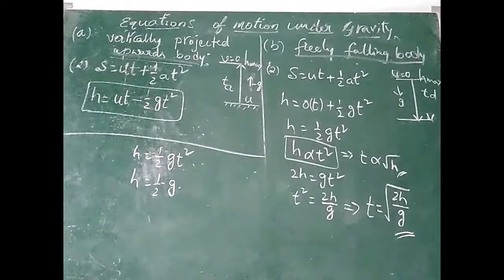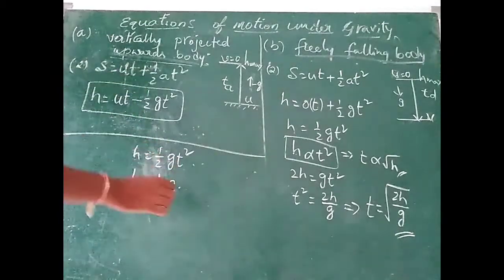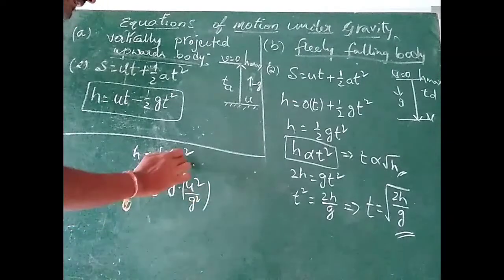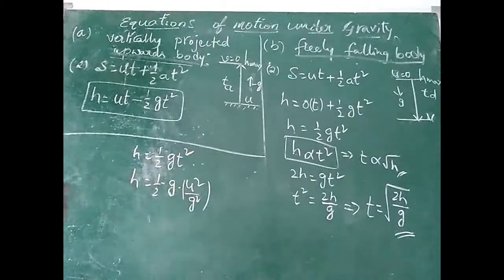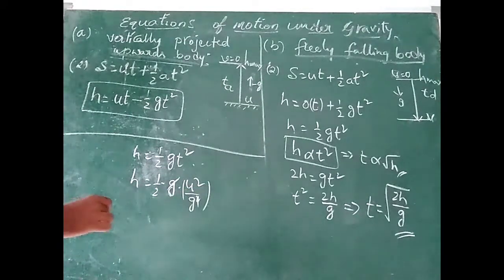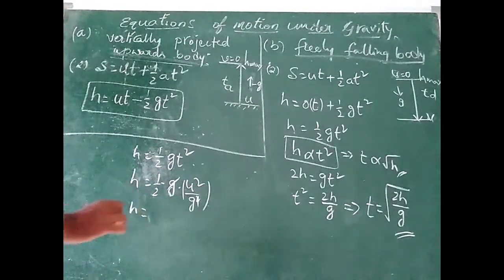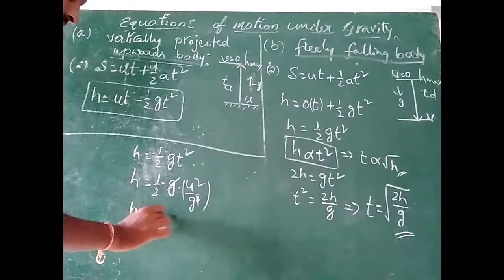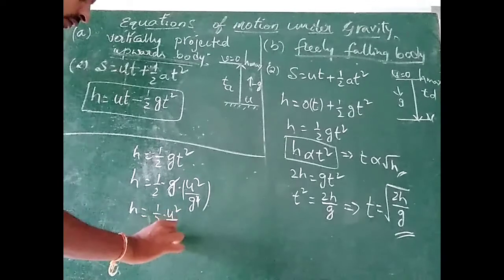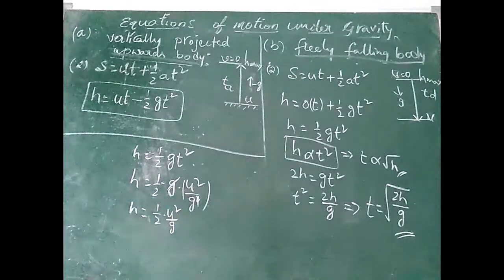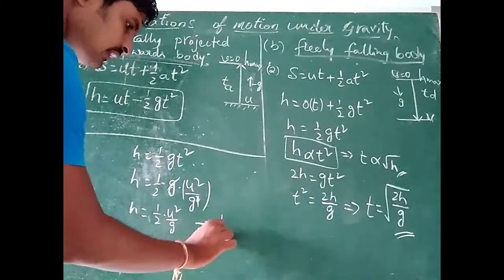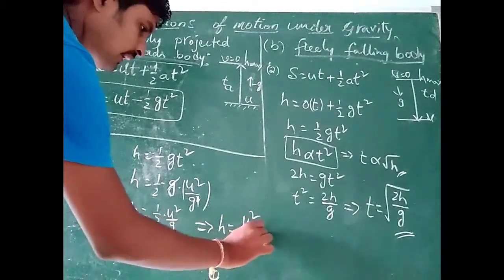So here it is t square, so u square by g square. Because it is t square, u square by g square, so g and g get cancelled. Then h is equal to half into u square by g. So I am writing this equation as h is equal to u square by 2g.